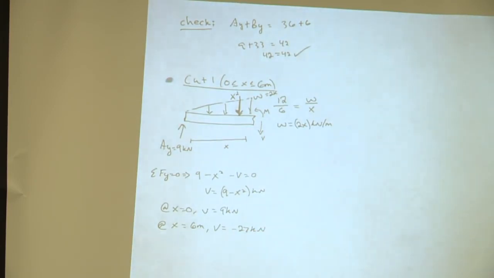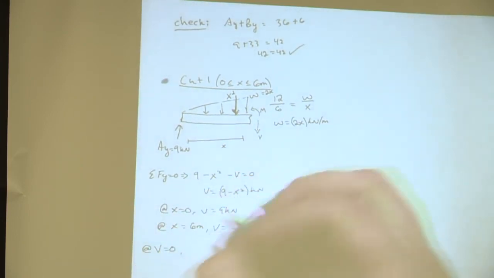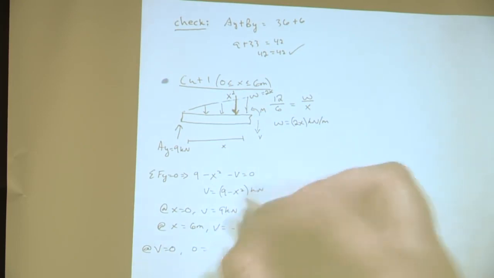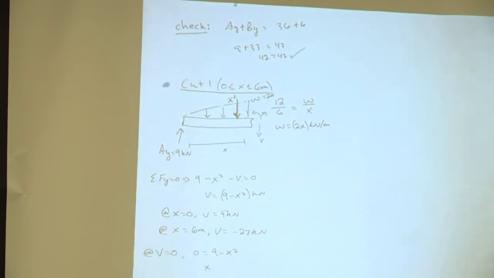Set V equal to 0 to solve for the location where maximum bending is. So 0 is equal to 9 minus x squared. What will that give us for x? x is equal to 3 meters.